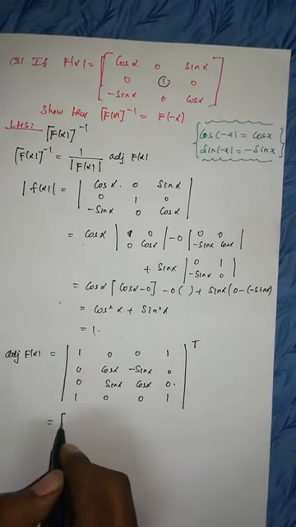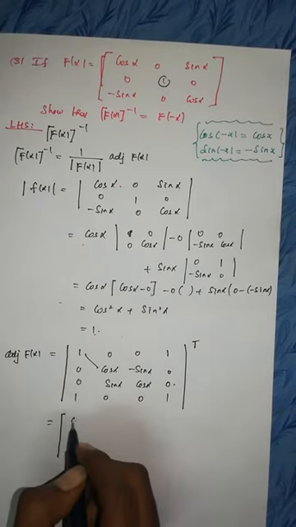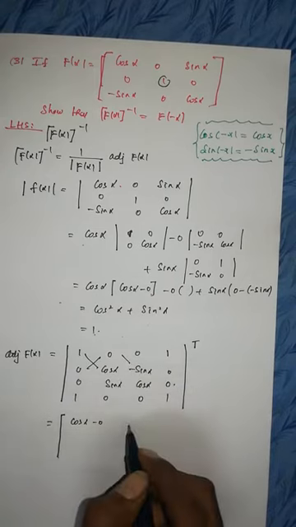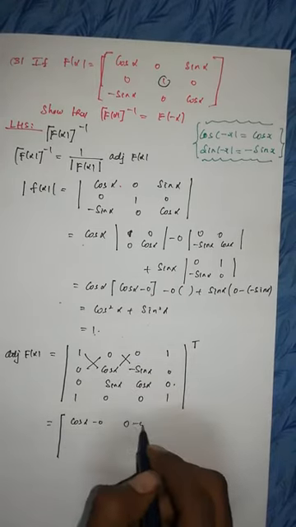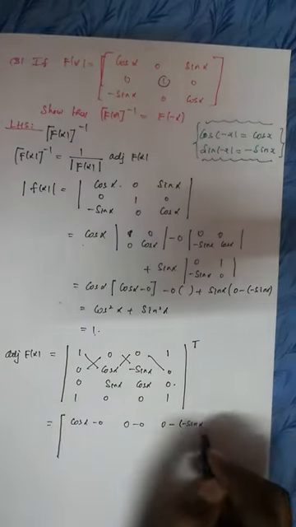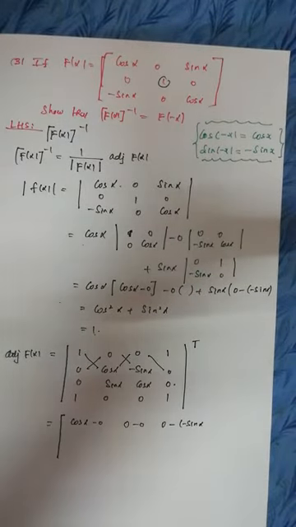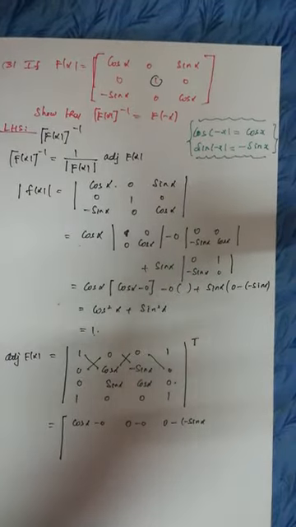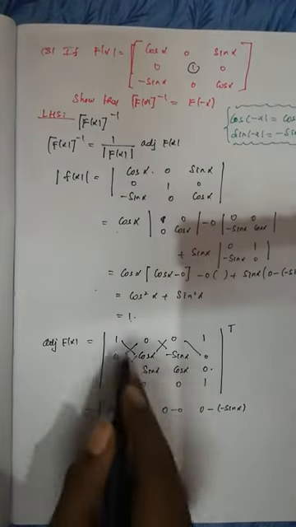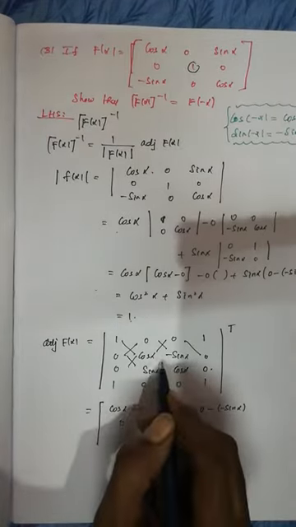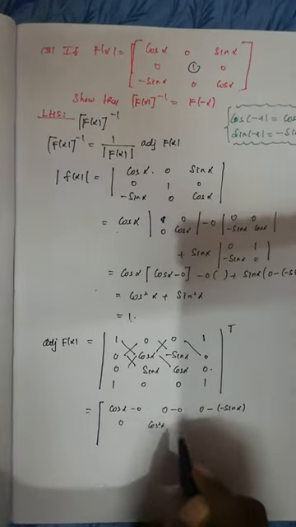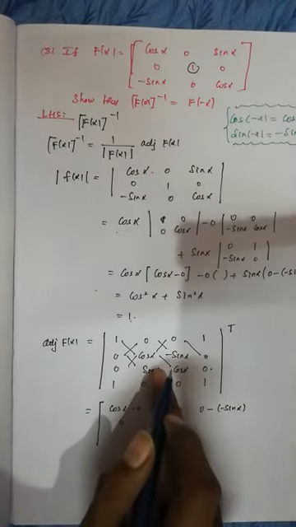So I have 1 into cos alpha is cos alpha minus 0. Here I have 0 minus 0. Here I have 0 minus sin alpha. So minus sin alpha, again 0 minus 0 is 0. So here I have, look at this carefully, cos square alpha, in between you have minus, here I have minus sin square alpha.